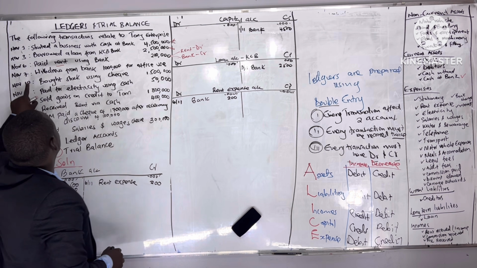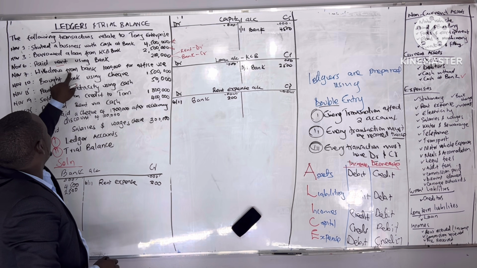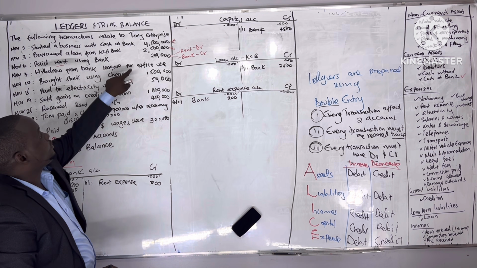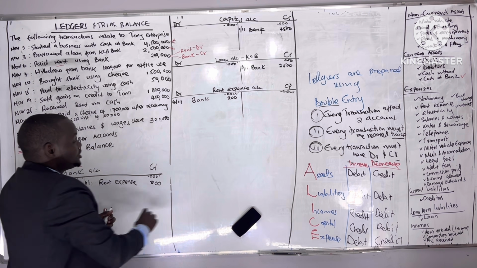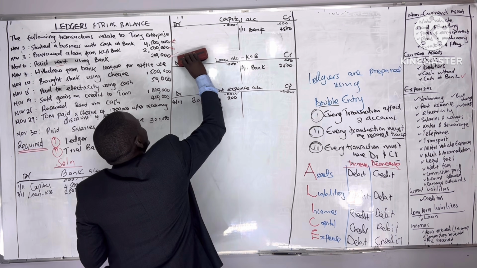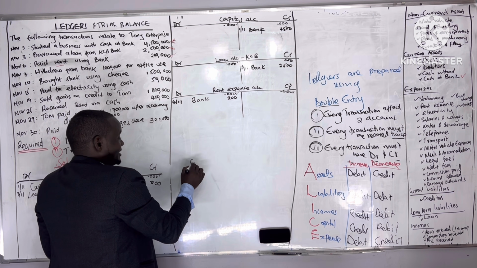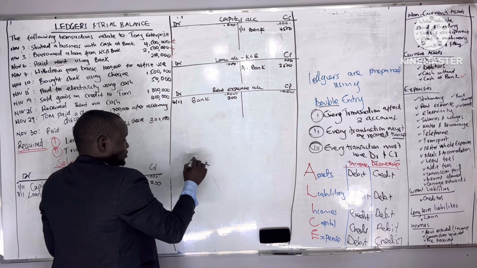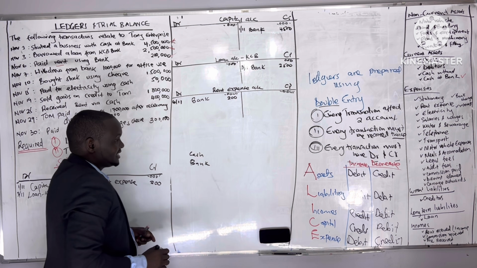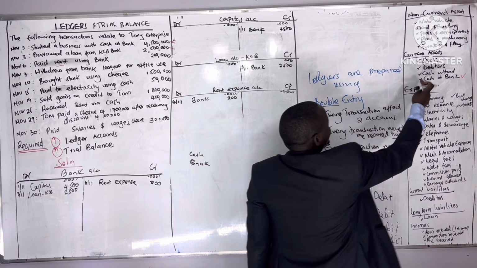We are told we withdrew from bank 1 million for office use. When we withdraw money from the bank for office use, the two accounts affected are one, the bank itself, and two, the cash in hand. Cash in hand is an asset.